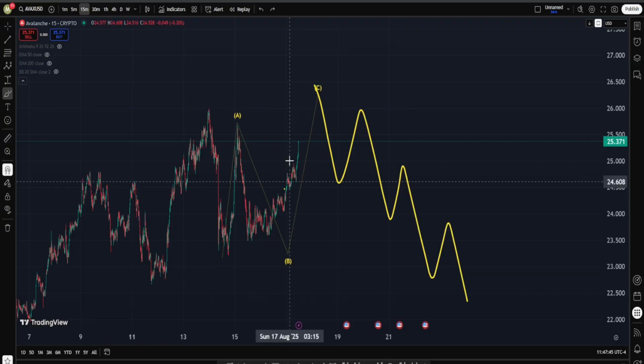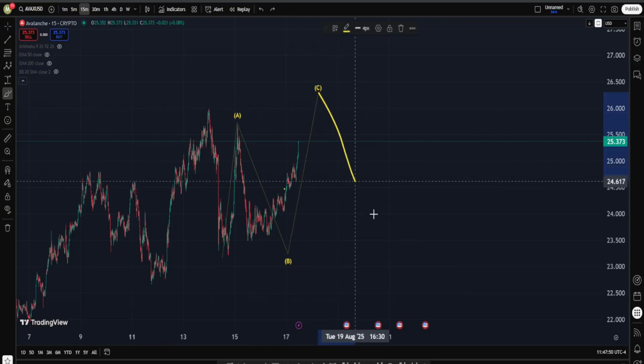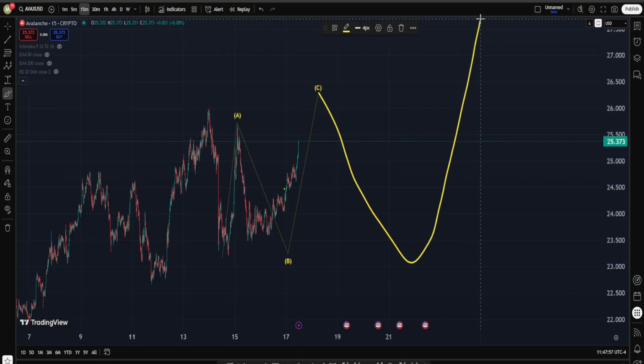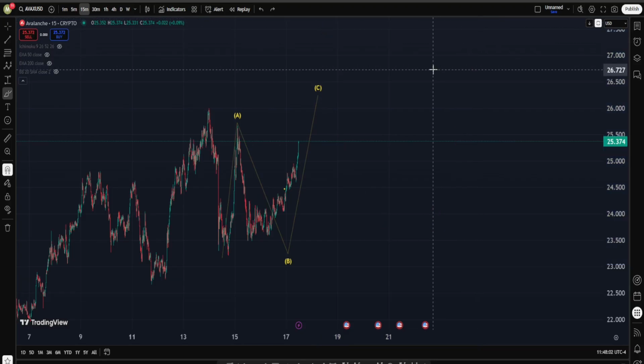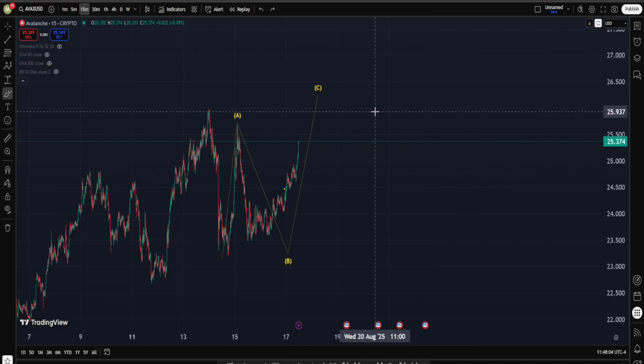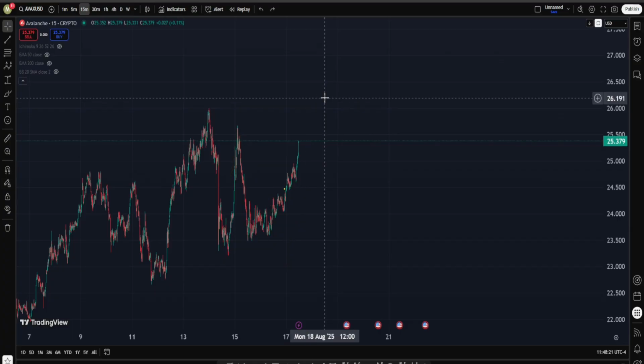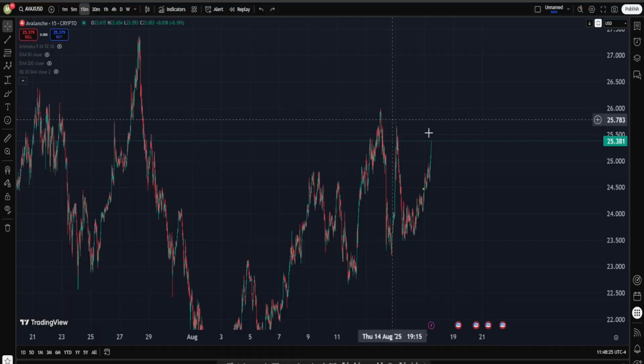So this may actually end up invalidating the triangle structure, but from here, since a lot of traders are going to get their stop loss hit, you are going to see most likely another very strong move up in order to once more destroy the people who took short positions above here. This is usually how the market works. It has a habit of destroying a whole lot of traders and then doing what they exactly expect.